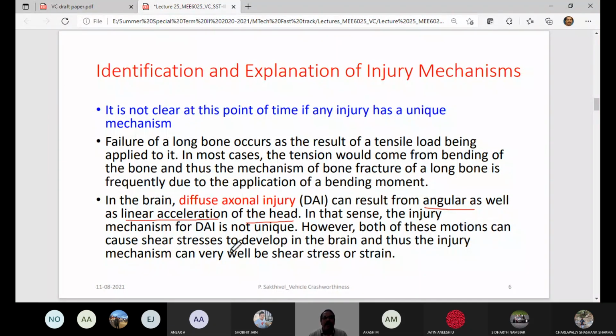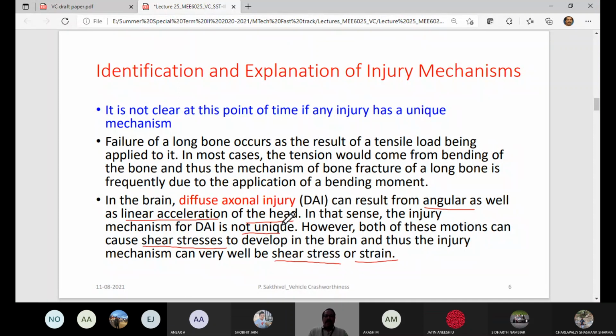In that case, the injury mechanism of DAI is not unique again. However, both of these motions, angular acceleration, that is motion due to rotation, and translation, can cause what is called shear stresses to develop in the brain, and thus the injury mechanism can very well be said to be shear stress or strain in your brain that is going to cause this DAI.